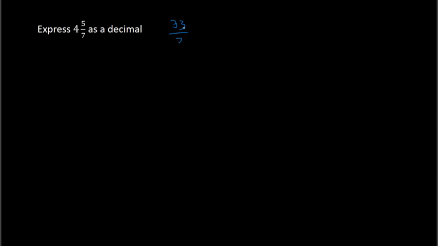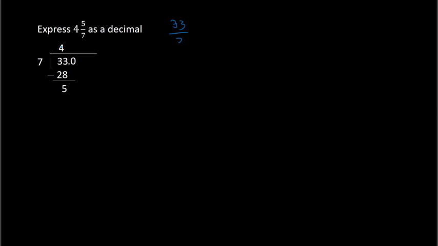Alright, so I take 33 divided by 7 to determine what this would be as a decimal. I will need to be adding zeros at the end of this. But I can begin by seeing how many times 7 goes into 33. Well, it goes 4 times, so 4 goes up here. Then I multiply 4 times 7 to get 28.